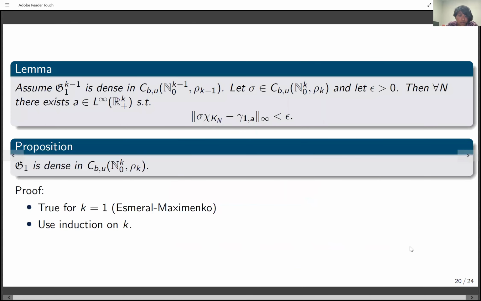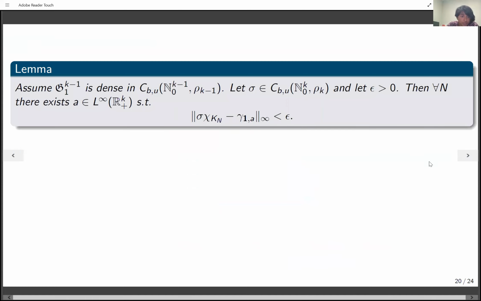We are not going to do it generally, but if we assume G1 k minus 1 is dense in CBU, then we can prove: if sigma is in CBU and epsilon is greater than 0, then for all n, there is a symbol A such that the subnorm of sigma restricted to Kn minus the eigenvalue function corresponding to A is less than epsilon.